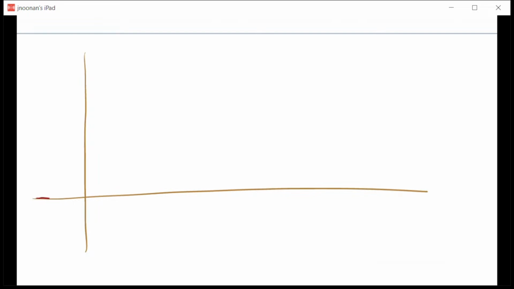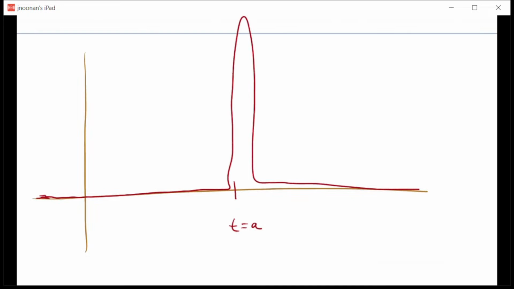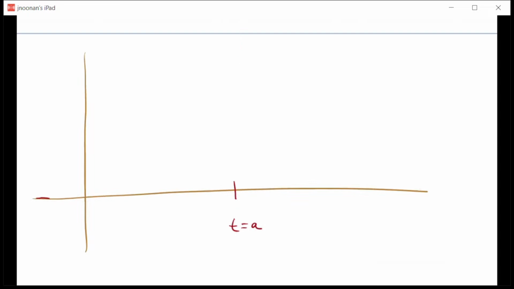Let's say that I want to impart a force at this point in time, so we're going to call that t equals a. Right now, no forces are being imparted. And then all of a sudden, you have this shock over the course of a very small period of time. That's a terrible rendition of the situation here. I'm going to erase that and try again.